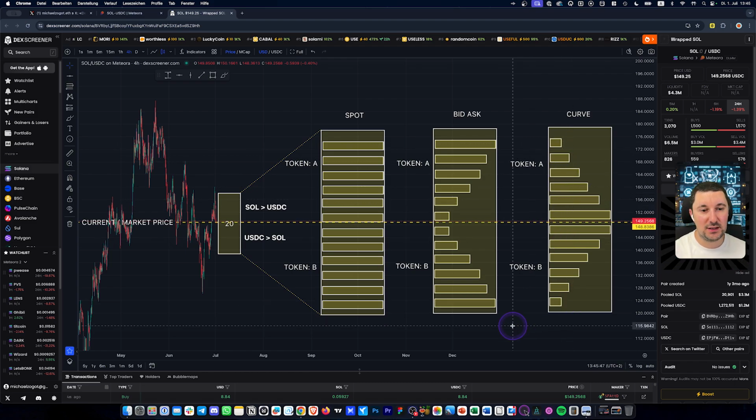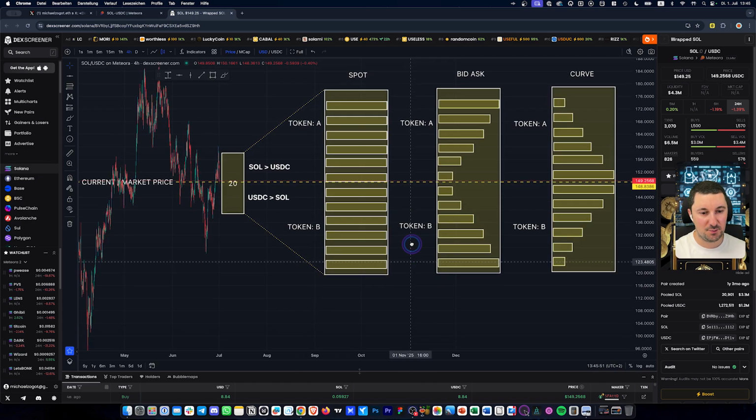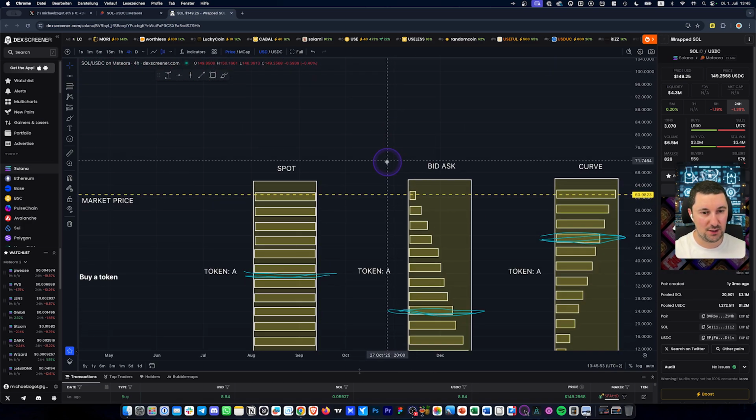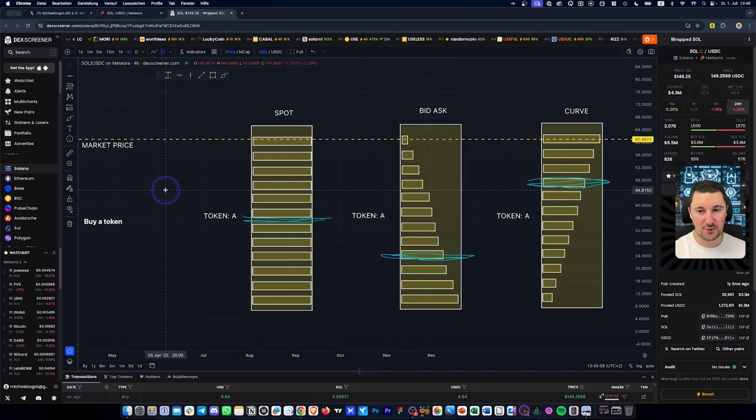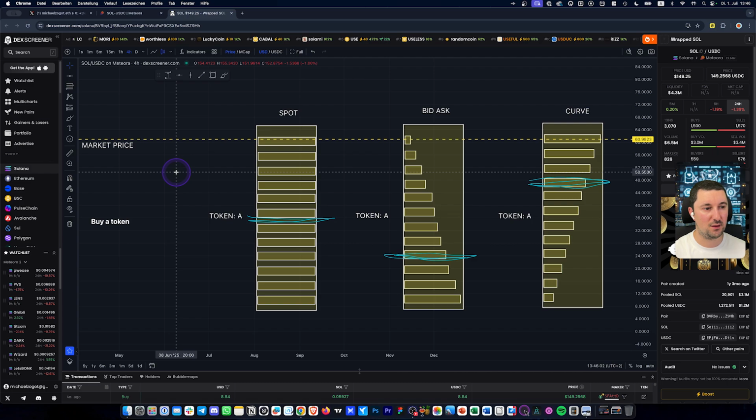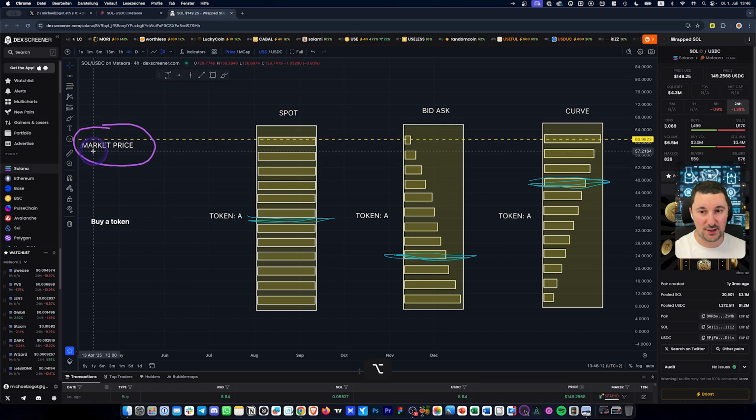And of course you can add liquidity one-sided. That means that when we go down, for example here, just as a representation, when you want to buy a specific token with USDC, you add USDC one-sided, and I have added here the market price.